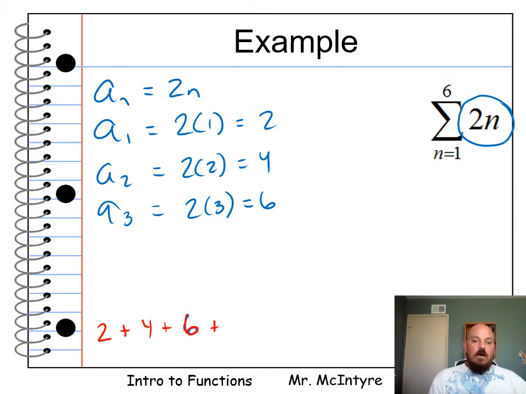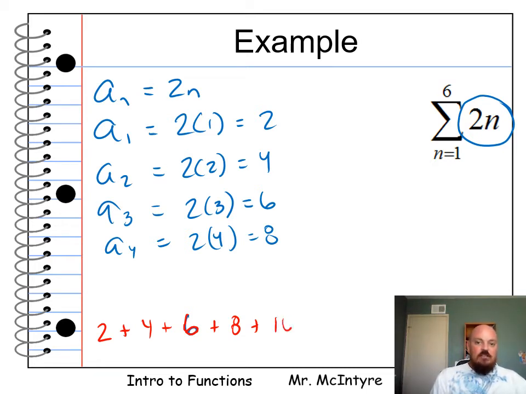And then the next step would be to plug in 4 for n, although once you find the pattern, you don't have to keep plugging in numbers. I'm going to get an 8 here. And then once you see the pattern, you say, okay, if I plug in 5, I'm going to get 10, and if I plug in 6, I'm going to get 12. And that's where I stop. Because right here, this was a_6. This is when I plugged in 6. So that's how I know when to stop.